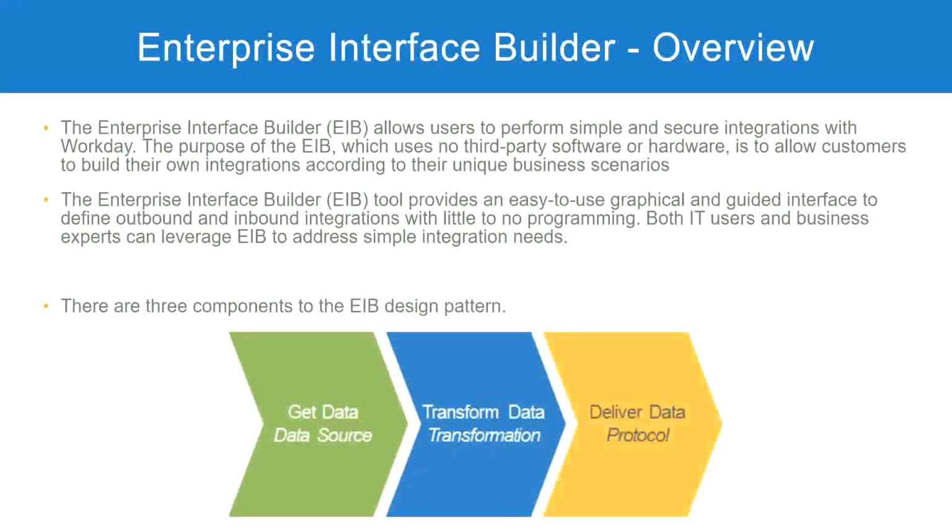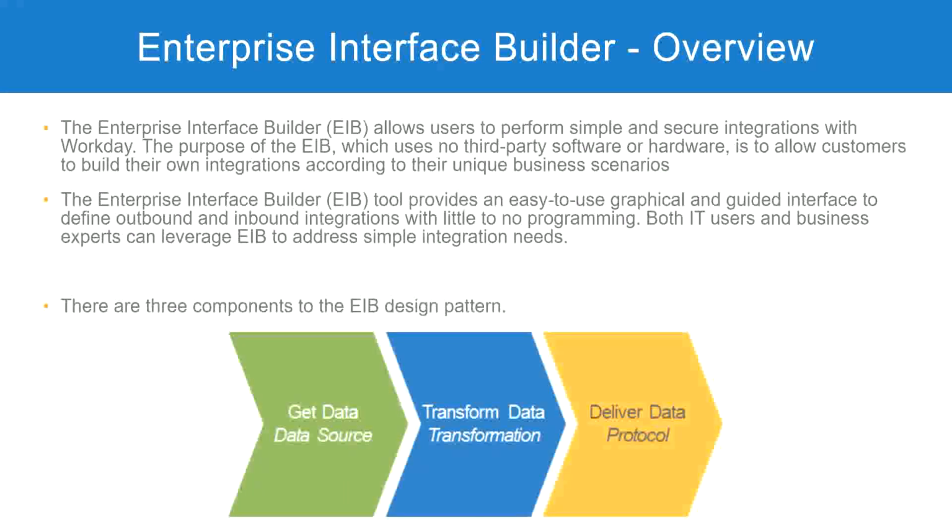Okay. When we create an integration using EIB, we will see these 3 steps there as well. Get data, transform data, deliver data. Okay. These are the 3 components in an EIB design pattern. So what we are going to do is configure these 3 steps. Get data.